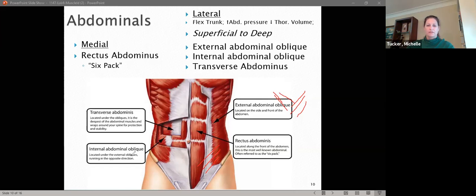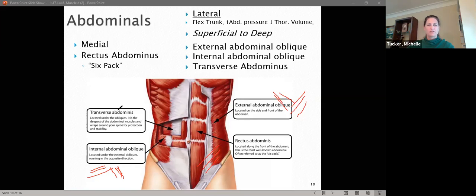Internal obliques are going to be deep, on the deeper side of our torso model, and they run up, they go this way. So we have rectus abdominis, that six-pack, which I guess some people could actually get an eight-pack if you really made everything super defined, in the middle. Our external obliques run in a V shape, and our internal obliques run like a mountaintop.